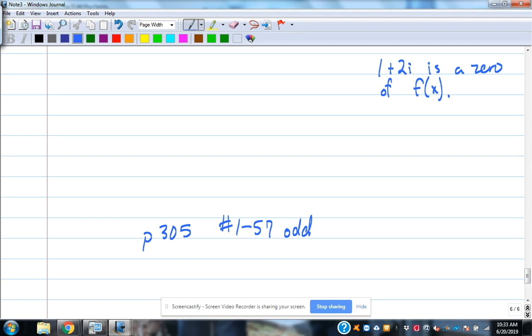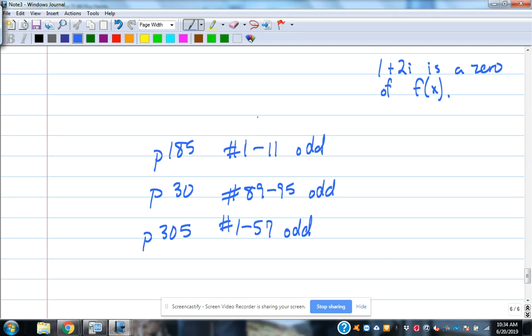And then the long division section, page 30, 89 through 95 odd. And then the circles is on page 185, just like 1 through 11. Not many questions about circles or long division. Like I said, the main thing today is synthetic division, so make sure you work on that some.